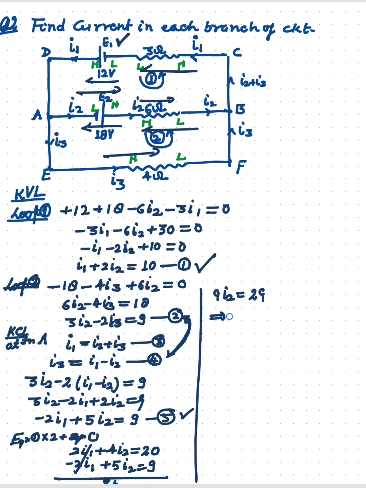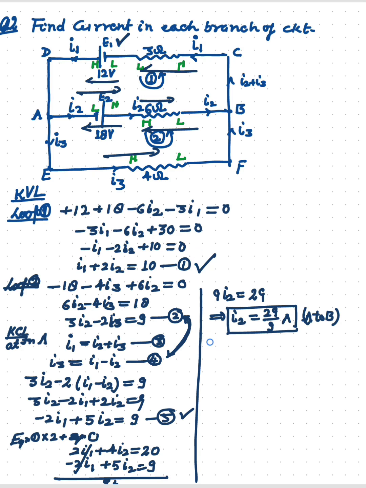So this implies I2 equals 29 upon 9 ampere. I2 is positive, which means we assumed the correct direction. So the I2 direction will be A to B. Clear?